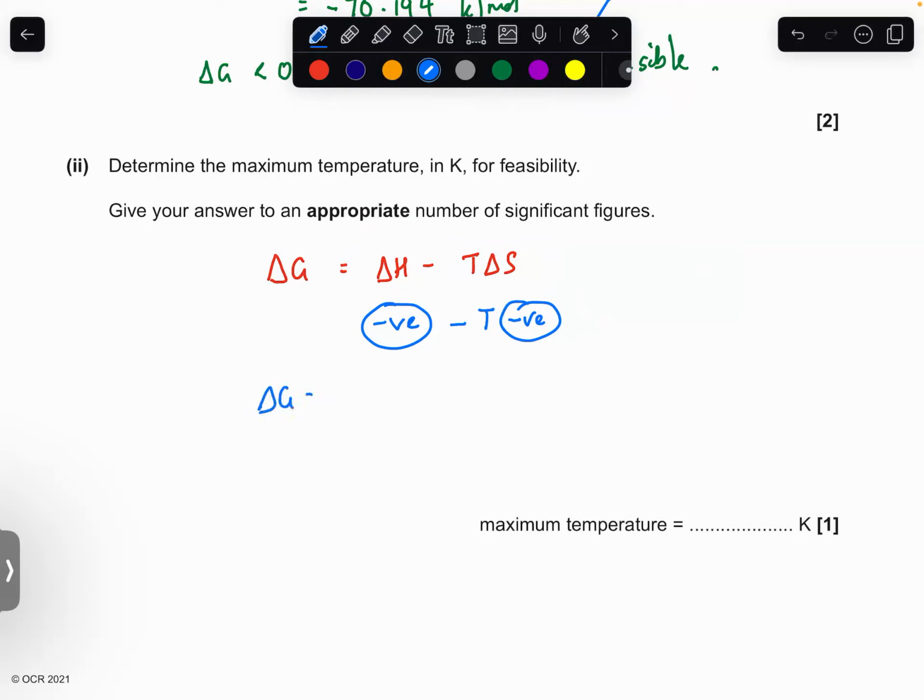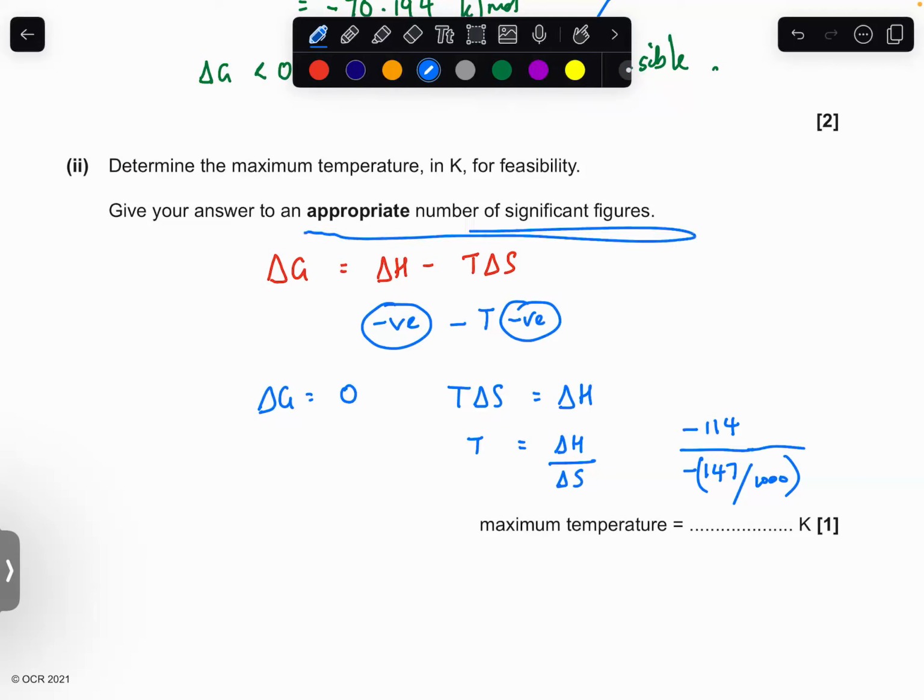So we assume delta G is equal to 0. And so we rearrange, bring T delta S to the other side, and then divide both sides by delta S. So T will give you delta H over delta S. And plugging the values, minus 114, which is delta H, divided by minus 147 over 1,000, to convert joules to kilojoules, and that will give your answer in Kelvins. 775.51.